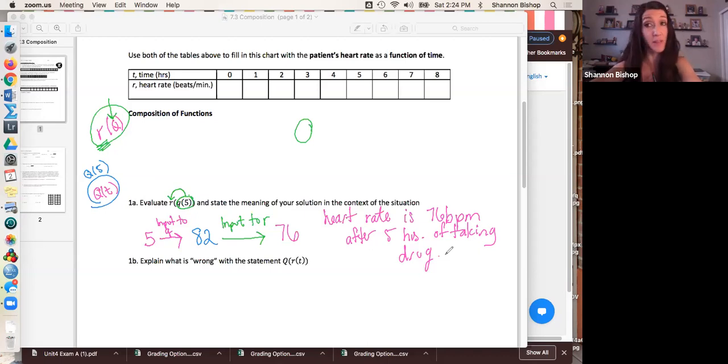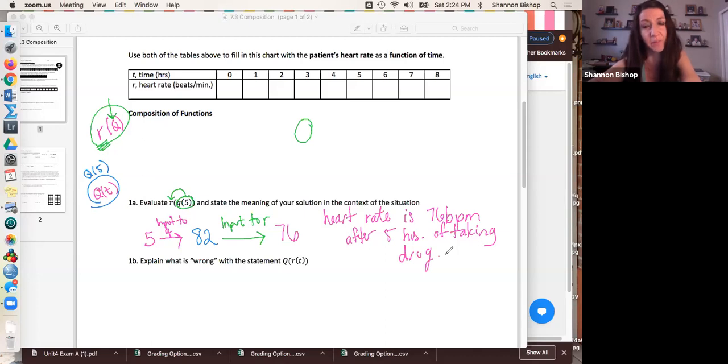It's not the final answer, because the final answer is 76. 82 is just that compositional middleman. He's like the stepping stone to get from point A to point C, since a composition is kind of like a flowchart thought process. But it's not technically the input nor the output of the final answer. So you don't have to mention the 82. Now, if you did mention the 82, that wouldn't be wrong.